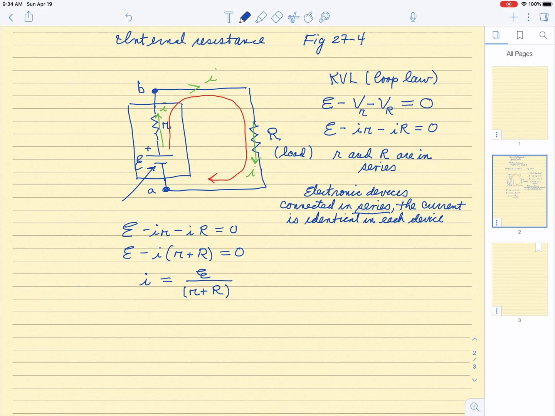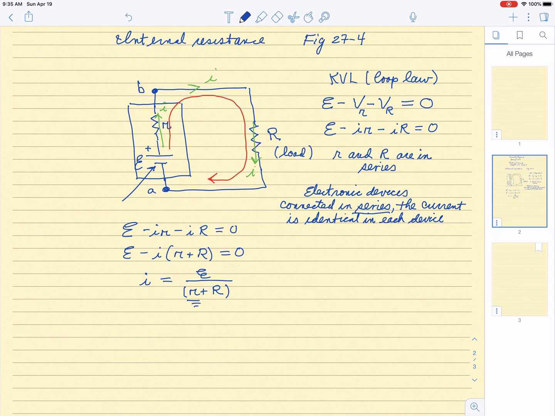Now that's important, and I want you to recognize a couple of things. The internal resistance is important for controlling the current as much as the load resistance is. So the whole idea here is that in sources of potential difference, you want to try to reduce the internal resistance to as small a value as possible.